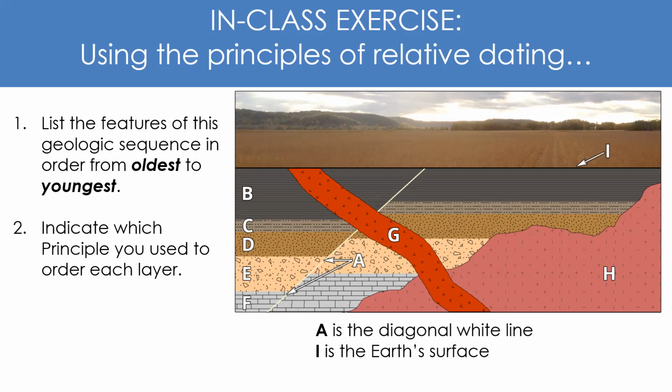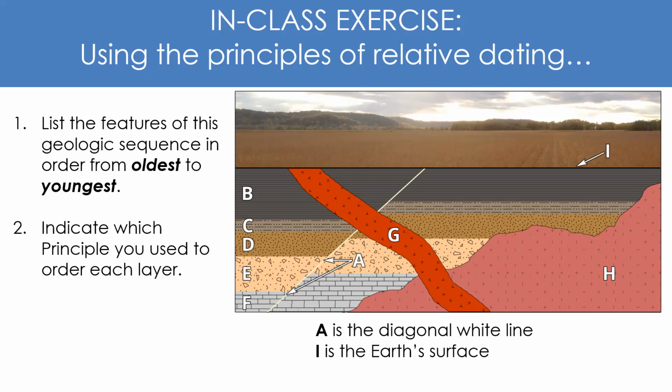Cutting through all of them, we have a fault, and we can tell it's a fault because they're offset from one another. And cutting through them also is G, this lava dike, which had to be some igneous eruption that went through and cut through them. So we know F is older than E, E is older than D, D is older than C, C is older than B. That fault had to cut through all of them at the same time, but they all had to be there before the fault.